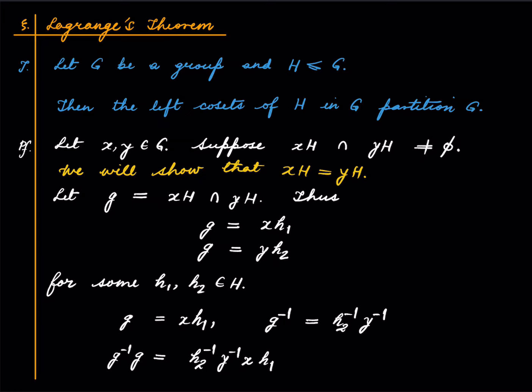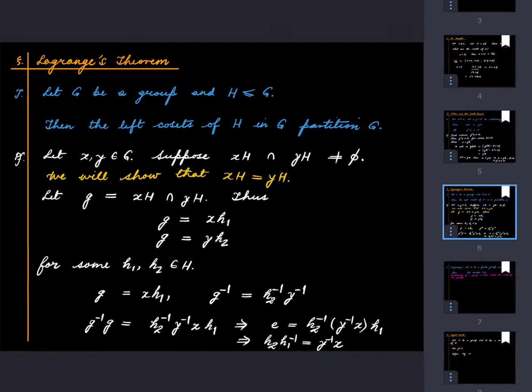So this is implying that identity is h2 inverse y inverse x h1, which implies h2 h1 inverse equals y inverse x. Okay, I think I need a new page.